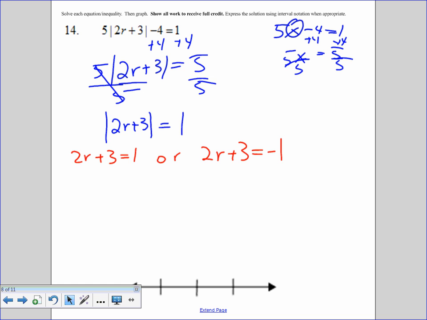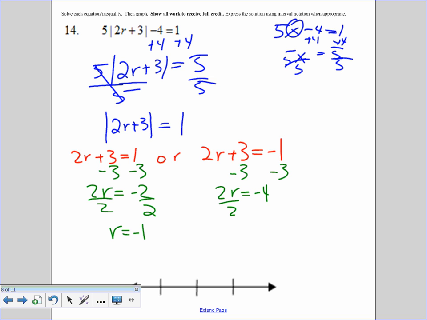So once you have your two equations, then you solve each one. I will subtract 3, and I'll get 2r equals negative 2. Divide both sides by 2, and I'll get r equals negative 1. Or I'll get 2r equals negative 4. Divide both sides by 2, and I'll get r equals negative 2.